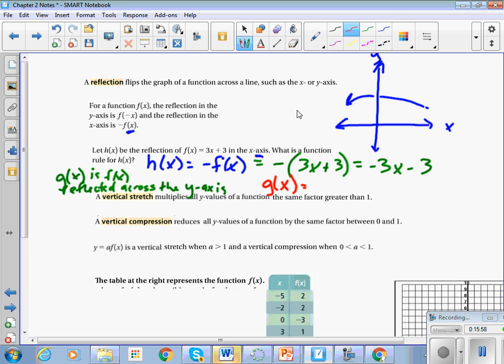So if we follow our convention here, we're going to take f of x, take out the x, and replace it with negative x. So here that would mean taking out the x value here and putting in negative x, and then simplifying. So that would be negative 3x plus 3.